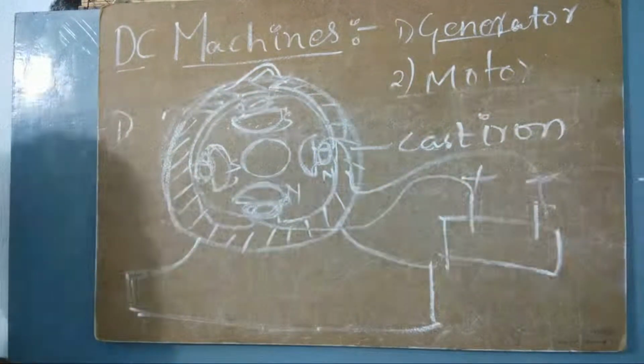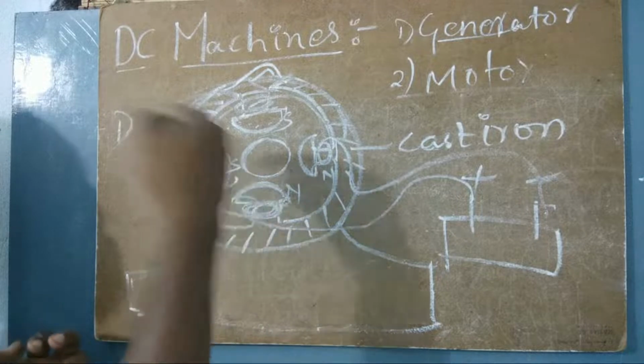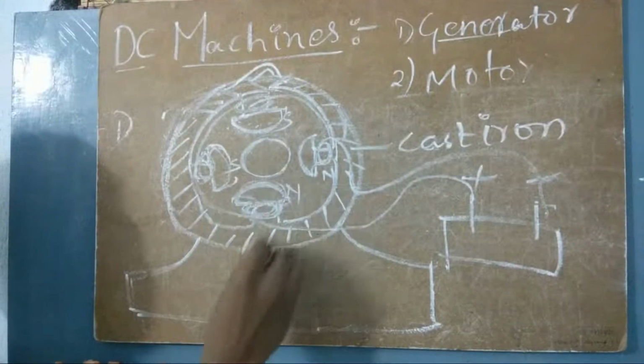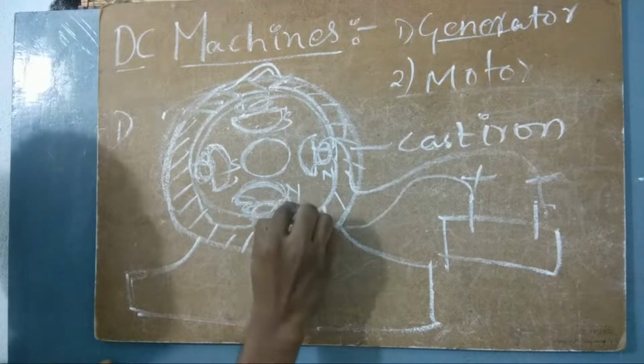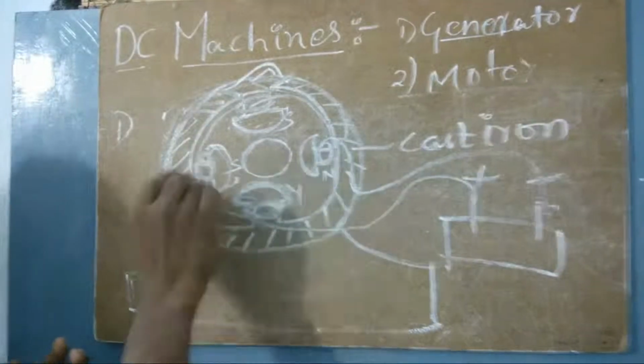Due to those vibrations, there are chances for the winding to misplace and go off. Because of that, this pole shoe will not allow the winding to come out of the pole. Since each has one north pole and south pole, we name all of them poles.